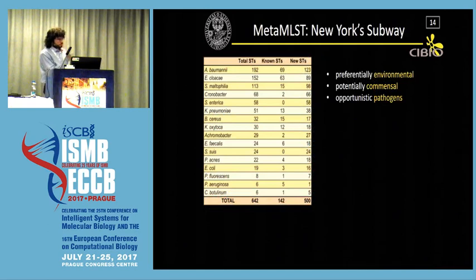So an example is MetaMLST applied to the entire dataset of New York, and we could see the presence of well-known commensal and opportunistic pathogen bacteria. And these are the MetaMLST counts of total, known and new strains for each species.